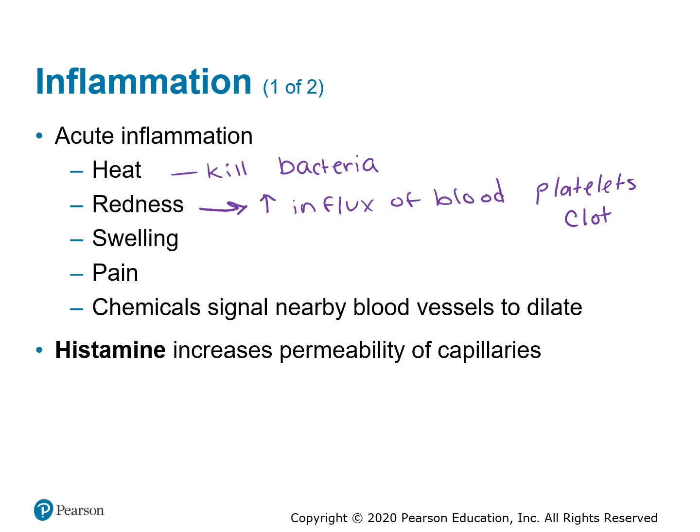Okay? The pain is your body's way of saying, hey, something's wrong here, something is not right. And that chemical signaling helps those blood vessels to dilate, which is what gets you that redness. The swelling comes from the excess fluid because your blood has a lot of fluid in it.